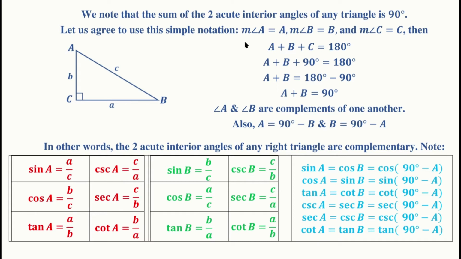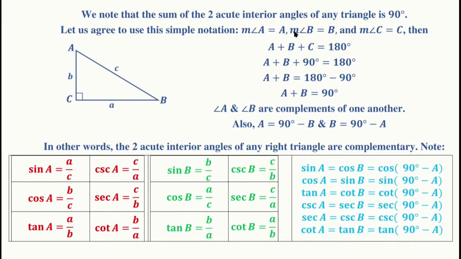So we note that also here we show the standard notation. The side opposite angle A, we use the lower case a. For opposite angle B, we use lowercase b, and for C, we use lowercase c. So just for the sake of simplicity, let's say that the measure of angle A is just called A, the measure of angle B is just called B, and the measure of angle C is just called C, right?